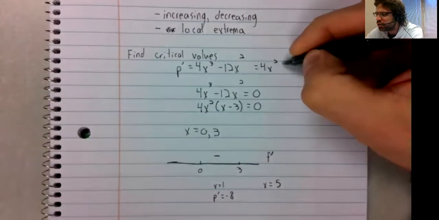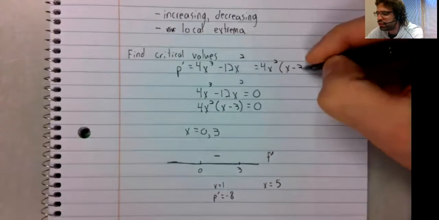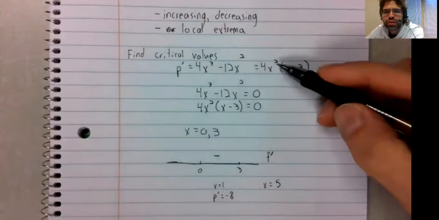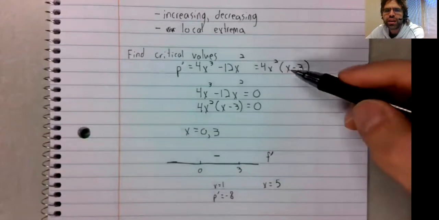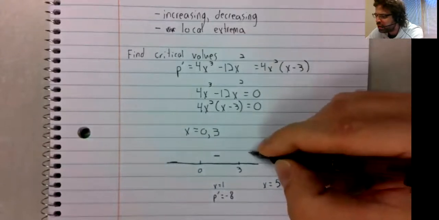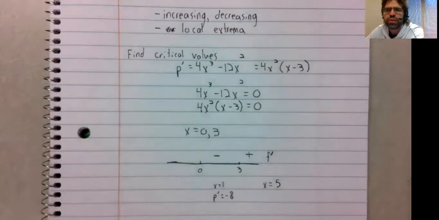We could go to a calculator if we needed to, but let's see, 5 squared is 25, times 4 is 100, times 2 is 200. Again, the detail doesn't matter. What matters is that it's positive.